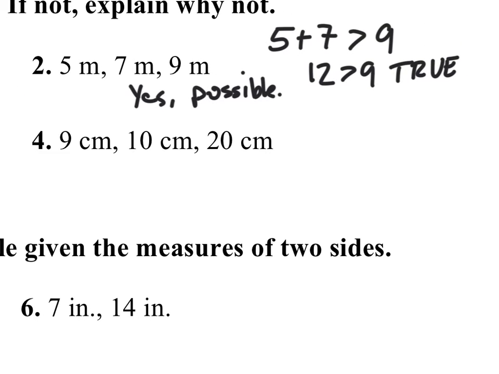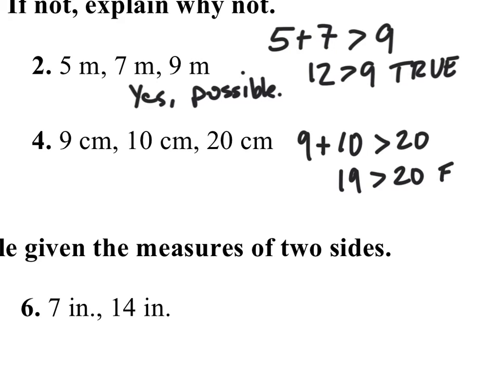Let's take a look at number 4 and do the same thing for that. Let's take our two smaller sides and add them together and see if it's larger than the third side. So I would do 9 plus 10. Is that larger than 20? 9 plus 10 gives me 19. Is that larger than 20? That's a false statement. 19 is smaller than 20, so we would say no, can't happen.